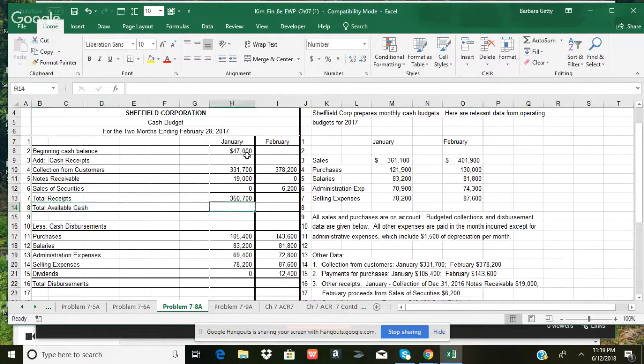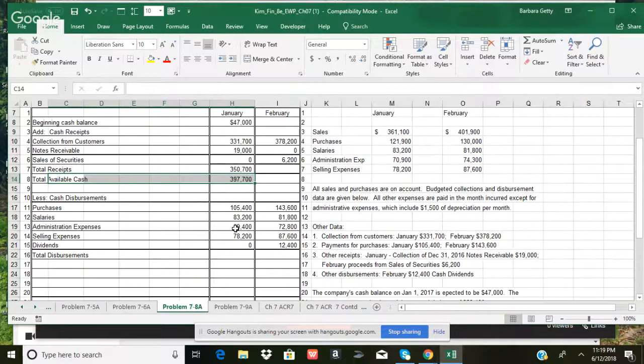And over here, we take the beginning balance of 47,000 and add it to the total receipts cash. And I'm going to put a line under here so you know that this is another adding. And we add the 47,000 and the 3,550, and we come up to 397,700. Okay, so that's our total cash available.